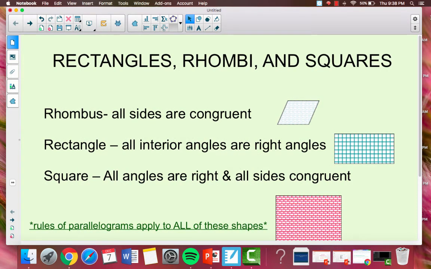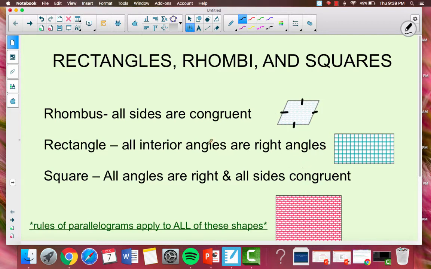Okay, so I have listed here the three basic definitions of each of these shapes. Obviously, you want to write these down. So, a rhombus is just a parallelogram that has all sides congruent. Okay? So, if I've got a little picture here, I could say that every single one of these sides are equal to each other.